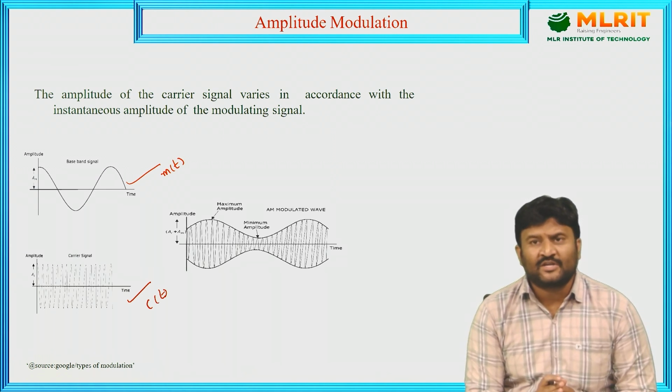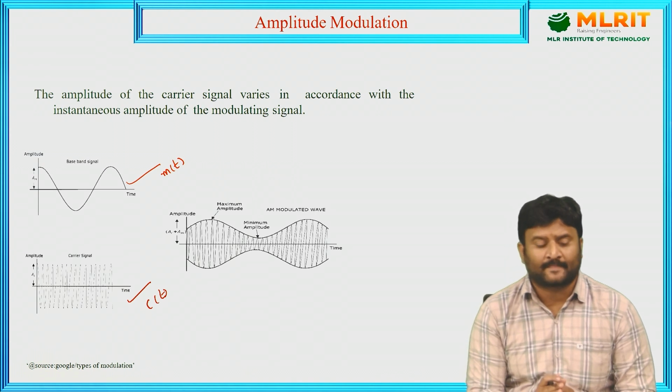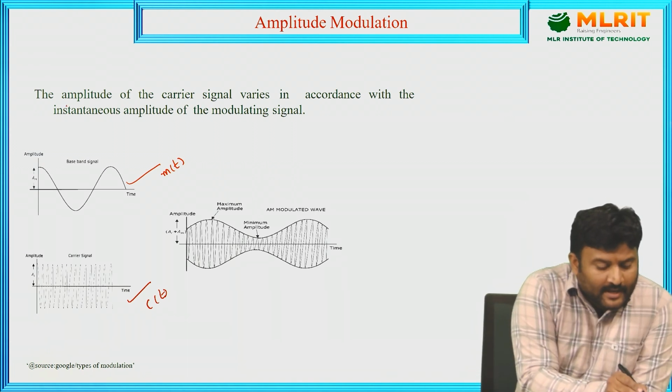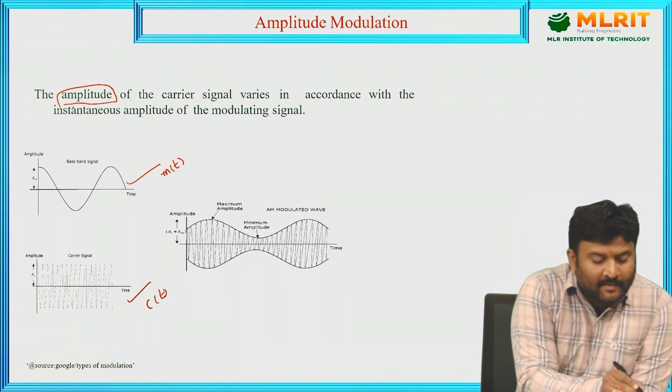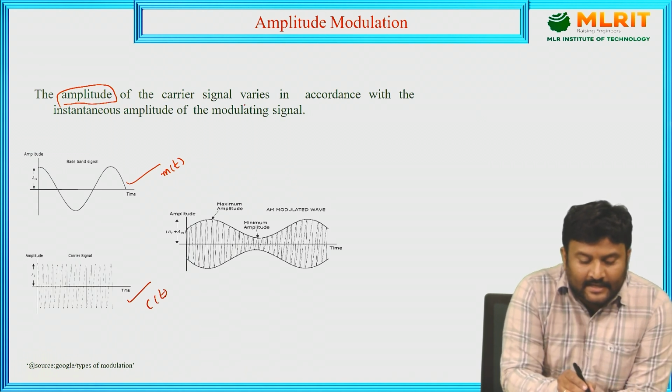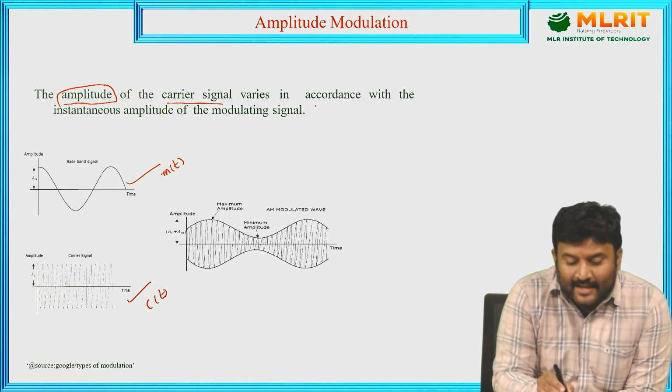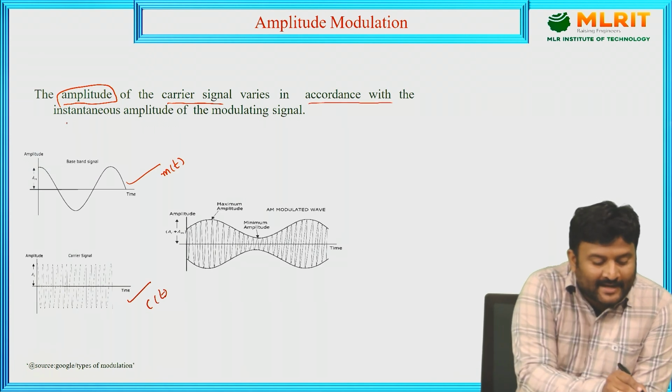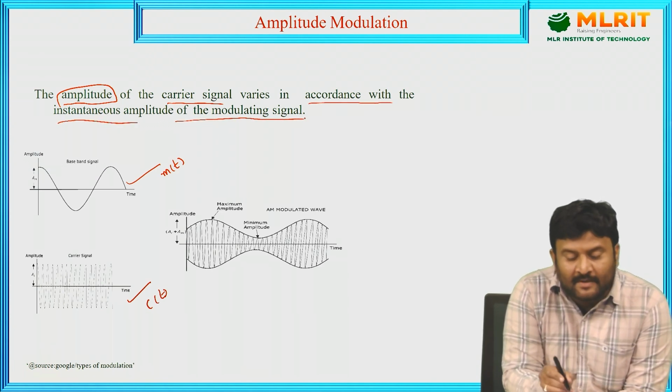What is the definition of amplitude modulation? Observe here, very important: the amplitude of the carrier signal varies in accordance with the instantaneous amplitude of the message signal.